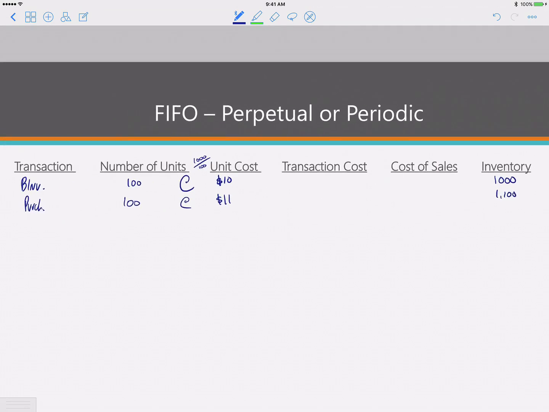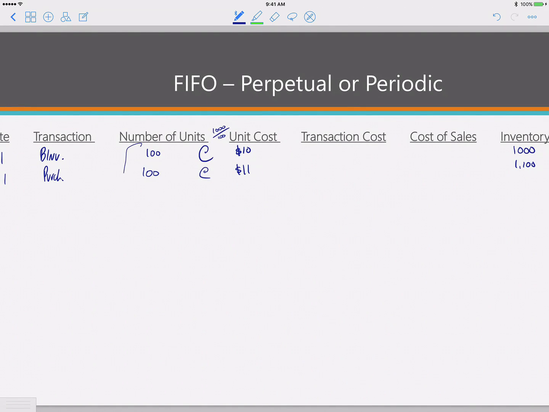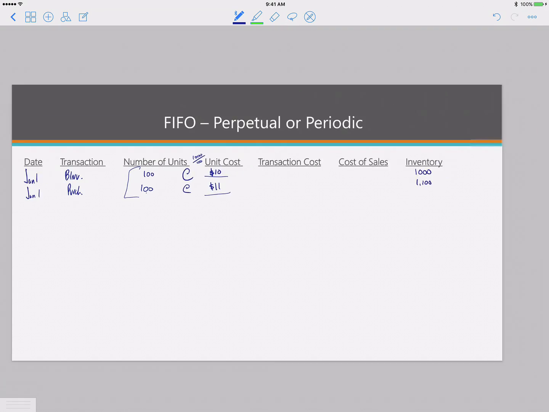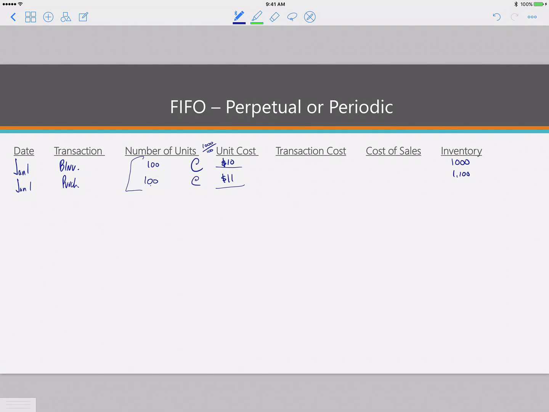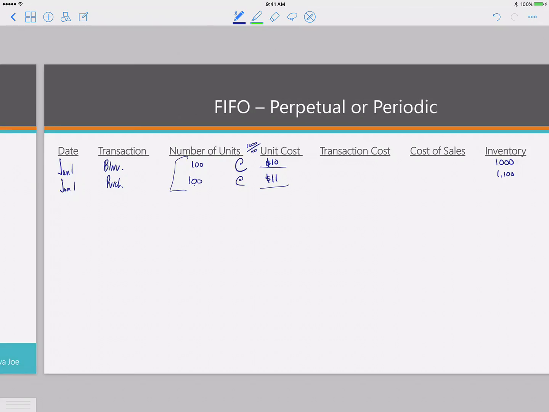So if we look at our inventory right now, we have 200 units, right? 100 that we paid $10 for, and 100 that we paid $11 for. And we're keeping track of how many units we bought at each price, because when we sell through them, we're going to sell through them in the order that we purchased them.